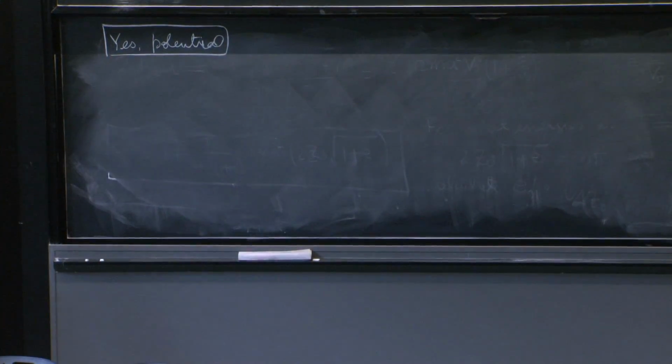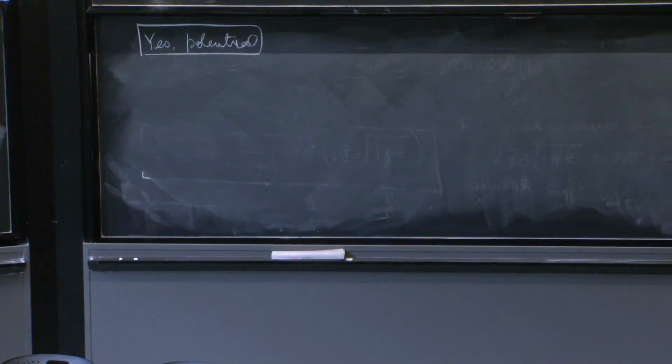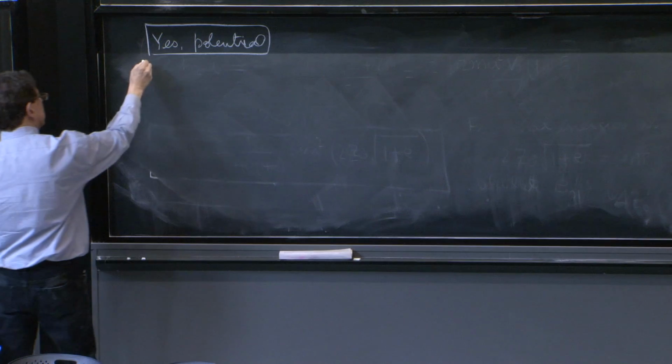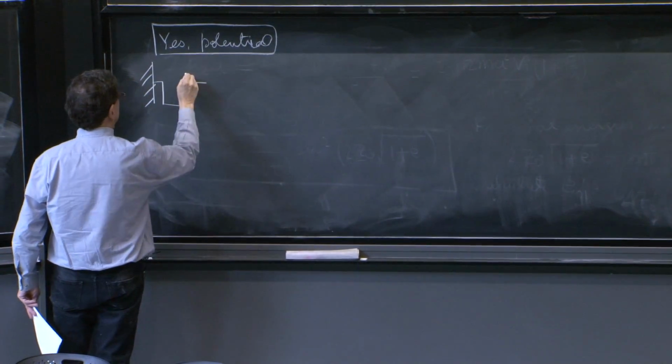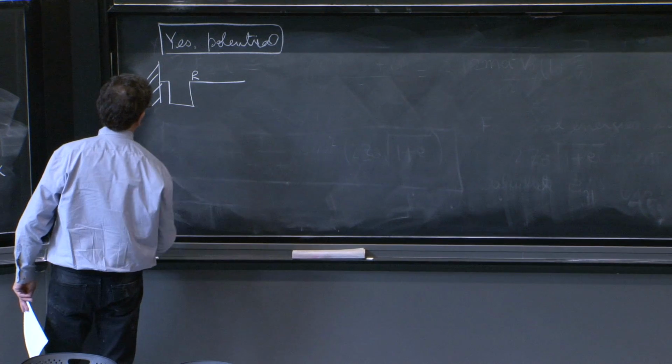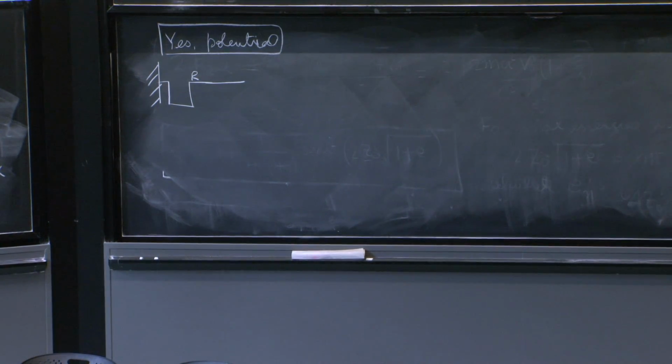So what does it mean, yes potential? Well, it means you have this and you have some potential there up to some distance r, and then it flattens out and something happens.